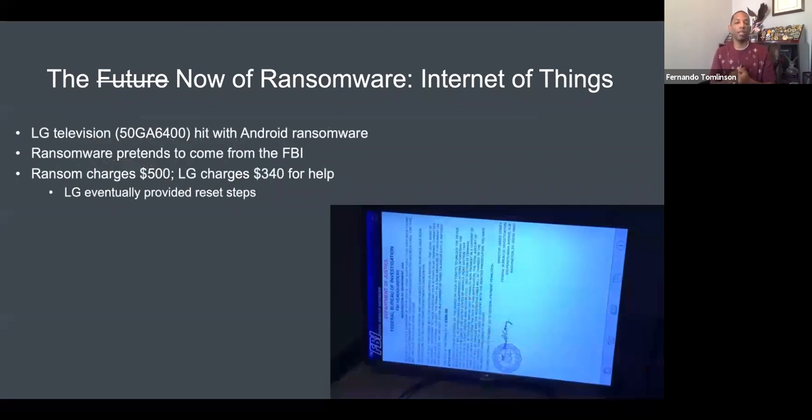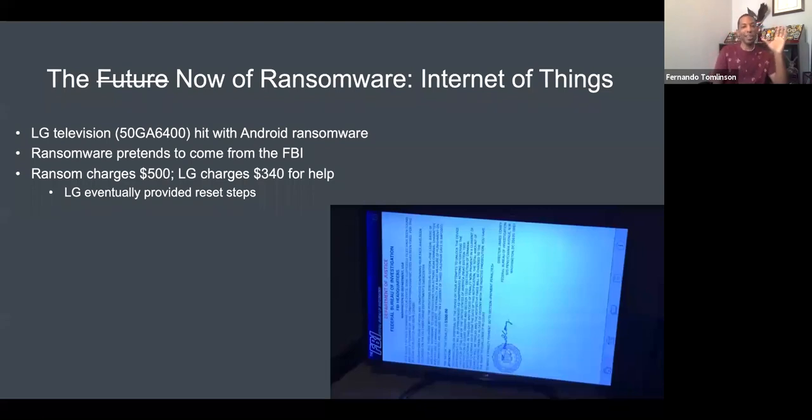Then we have stuff like this. We have smart TVs, whose underlying OS, if you will, is Android. So somebody was able to actually compromise an LG TV, present a ransomware message, locking them from actually accessing their TV. The ransomware was for $500. People who were infected were trying to reach out to LG for assistance. LG is like, hey, I can help you, but it's going to cost you $340 before we give you the reset steps.